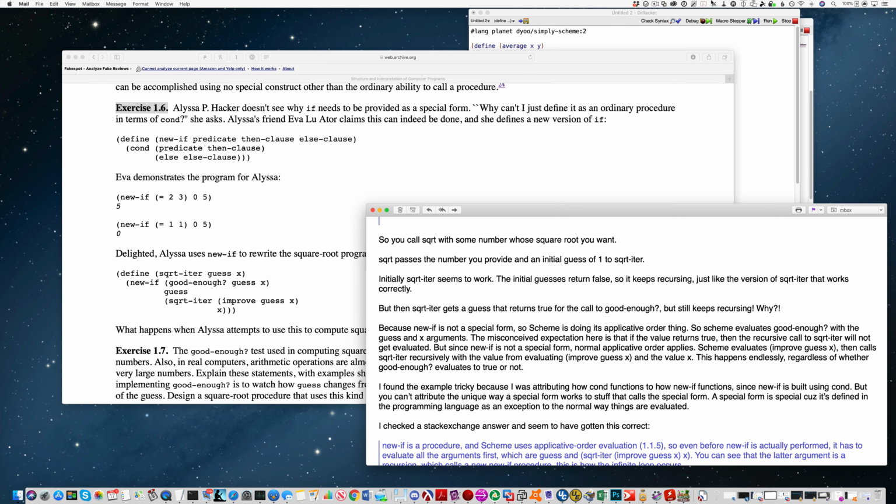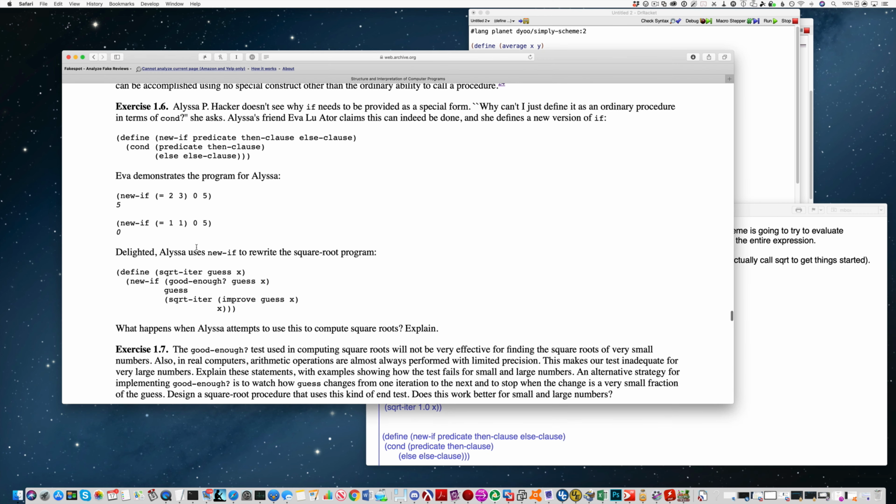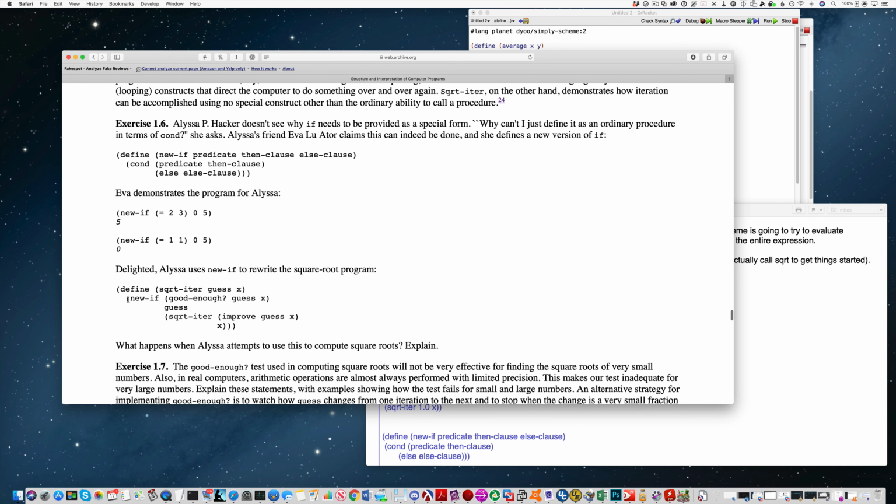And basically, just summing up very briefly, because I wrote a fair amount, the issue with 1.6 was that if is a special form, and that affects how things get evaluated.